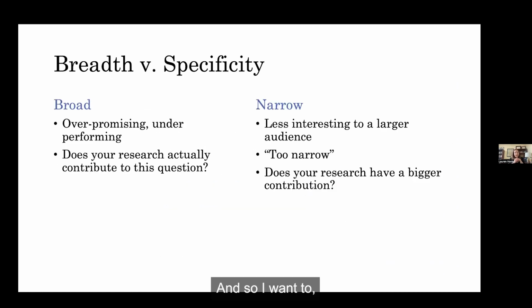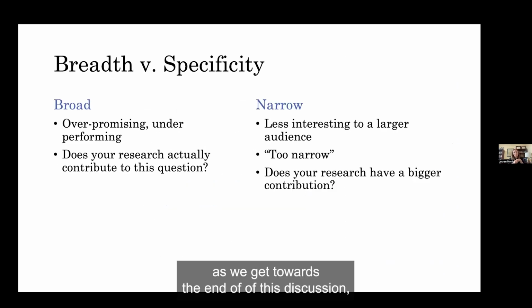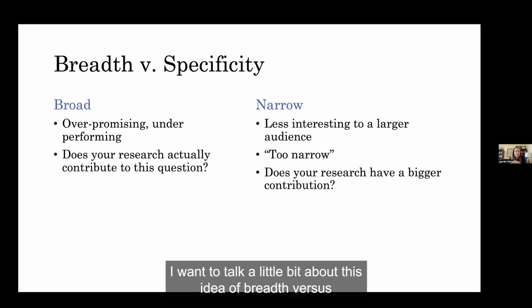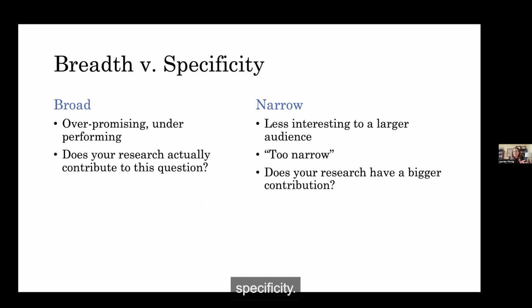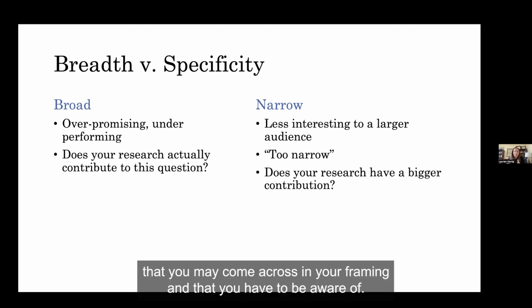And so as we get towards the end of this discussion, I want to talk a little bit about this idea of breadth versus specificity. So these are essentially two pitfalls that you may come across in your framing and that you have to be aware of.